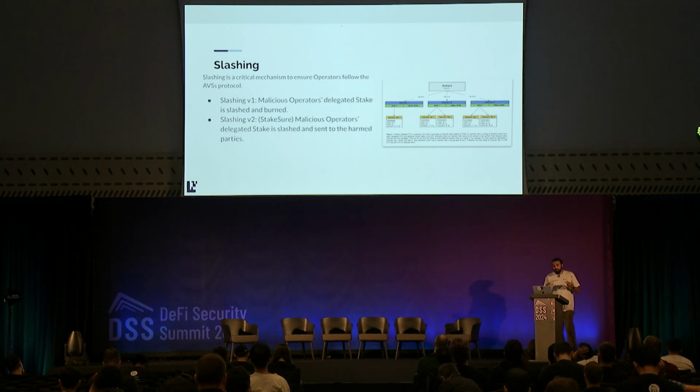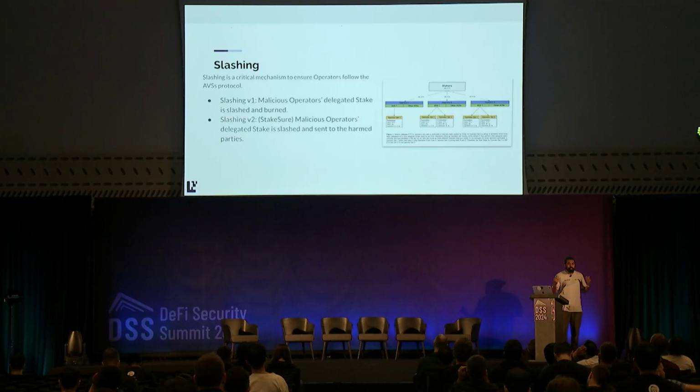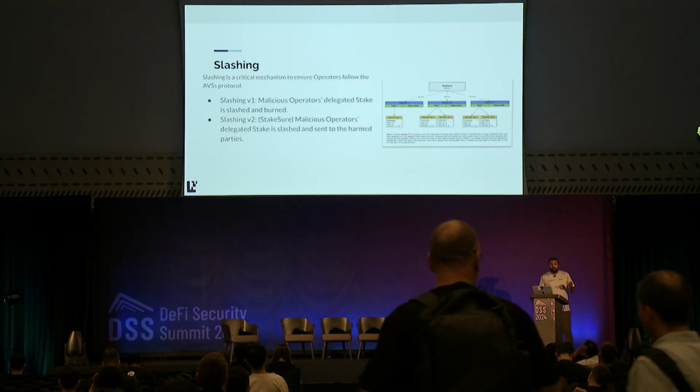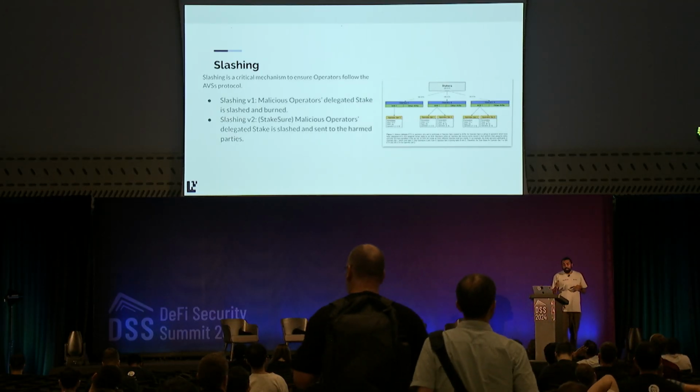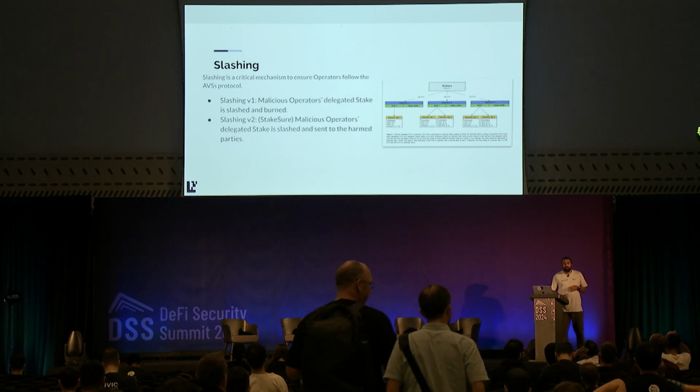And in V2, the malicious operator's delegated stake is slashed and sent to the harmed parties. So you can think of it as insurance. So we have a term here called StakeSure. That is the white paper that we put out, which talks about the insurance model on EigenLayer. So if you're interested, just Google that, and you'll find a nice white paper out there.